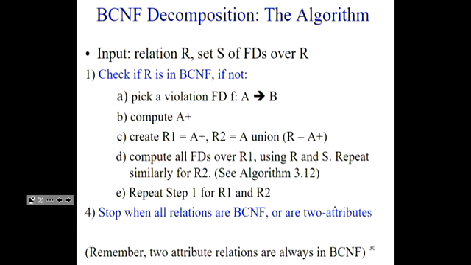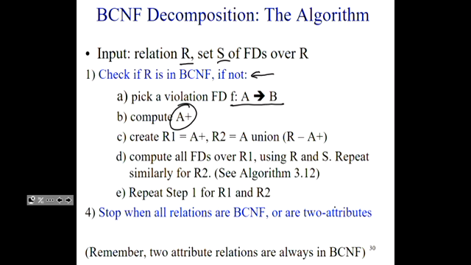Okay, so this is the BCNF decomposition algorithm. We intuitively described it, but here is a more formal description. You have an input relation R and a set of functional dependencies S. Check if R is in BCNF. If R is not in BCNF, pick a functional dependency violation A implies B. Then compute the closure of the left hand side, so you expand it out as much as you can.